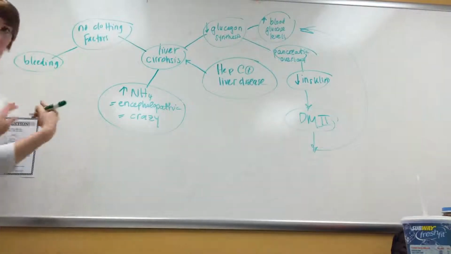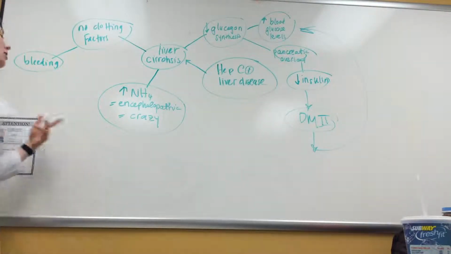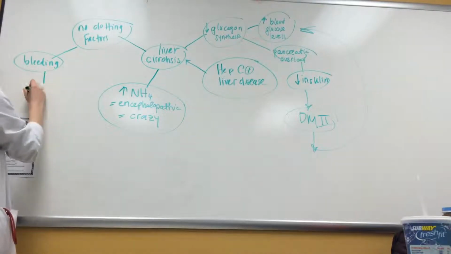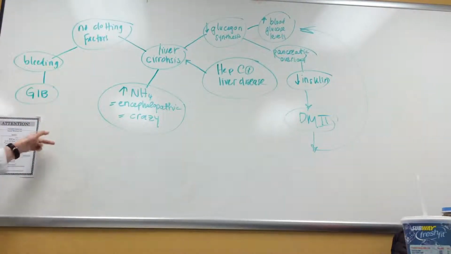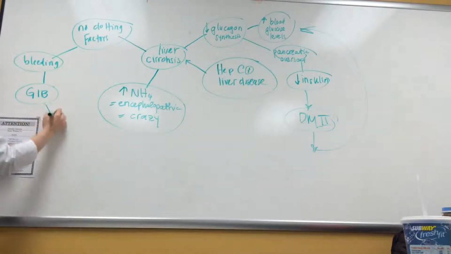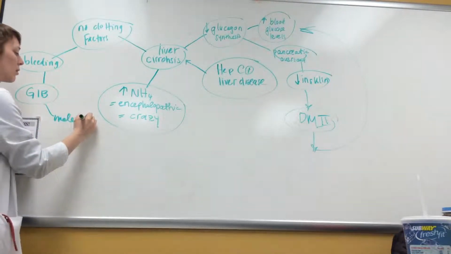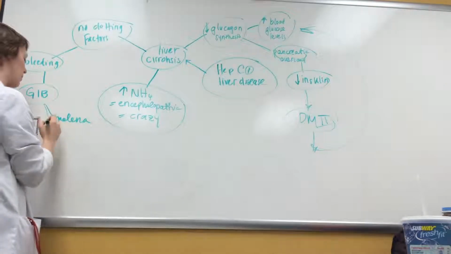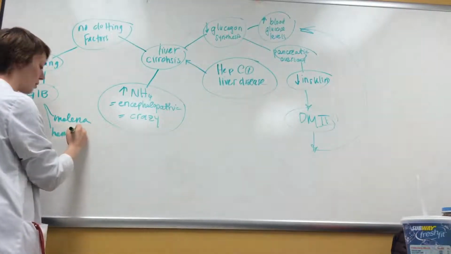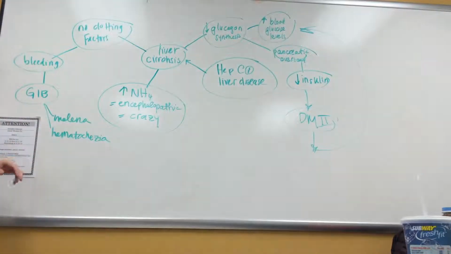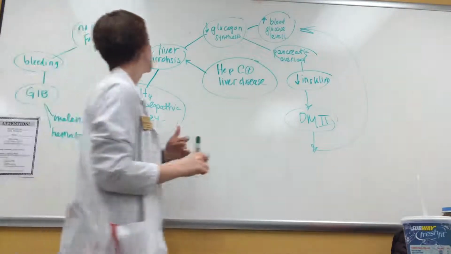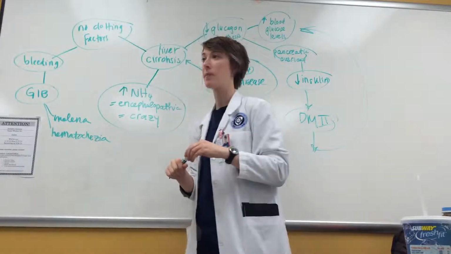So most often when people have low ability to clot, a place that they bleed a lot is their GI tract. So you're going to see GI bleeds, right? GI bleed can lead to melena. It can lead to, are you ready for this? Hematochezia. Ew.